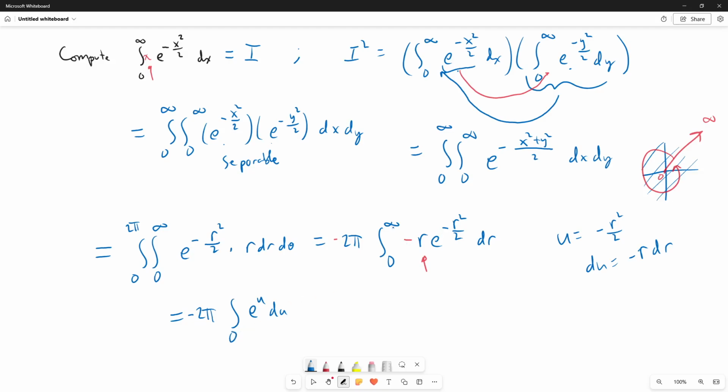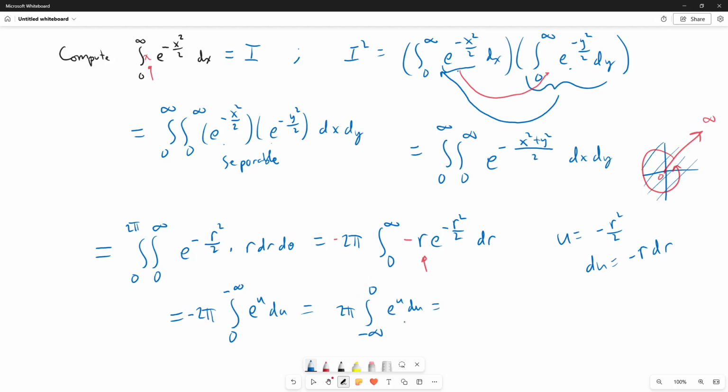And when r is infinity, u is negative infinity. So that's kind of backwards, and we have a minus, that's perfect. So we have 2 pi, we will use the negative to switch the bounds of the integration. So we have negative infinity to 0, e to the u du.